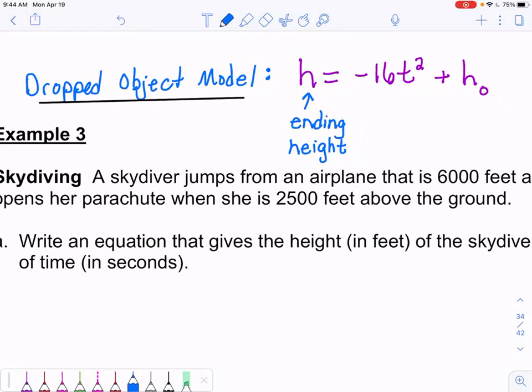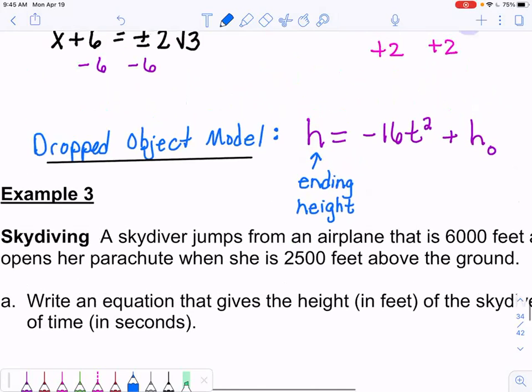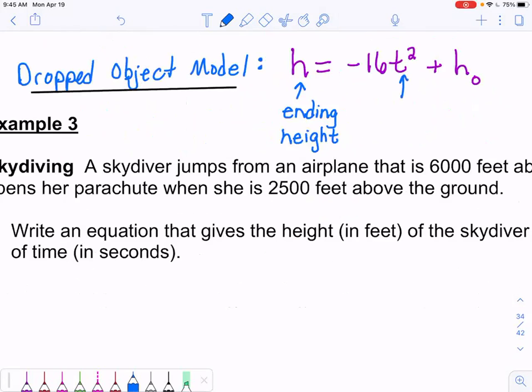And then the negative 16 is there because of gravity. The gravitational pull in feet per second squared is 32. So that would be negative 32 feet per second squared. That's kind of like the quickness of how an object is being pulled toward the center of Earth. That's why the negative 16 is there. T is time. And in math, we always use T for time.